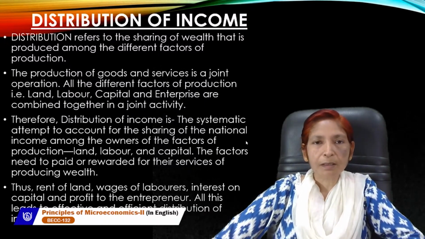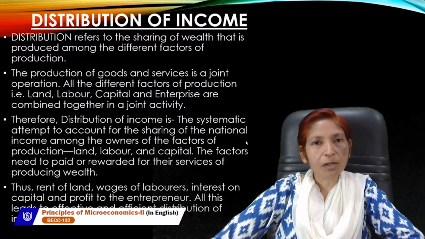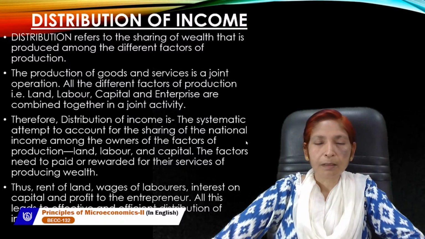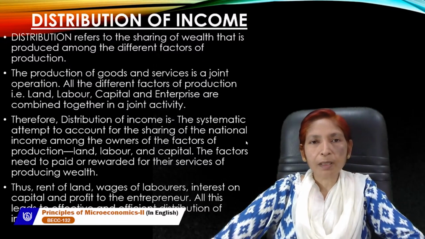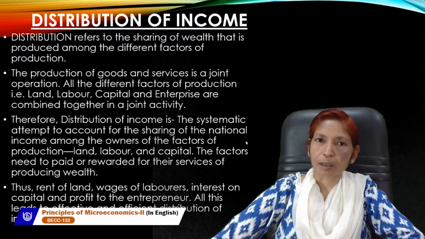The factors need to be paid or rewarded for their services of producing wealth or goods and services. Thus, rent of land, wages of laborers, interest on capital, and profit to the entrepreneur. All these lead to effective and efficient distribution of income.